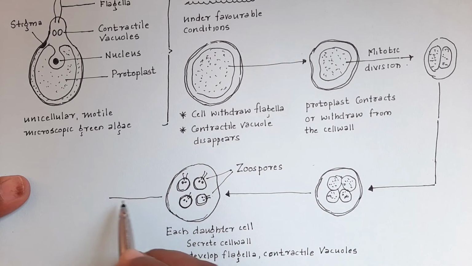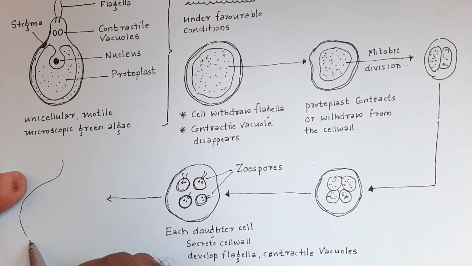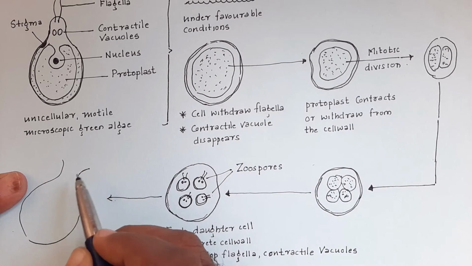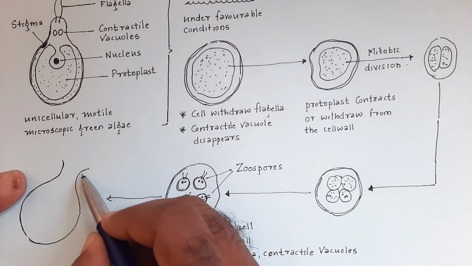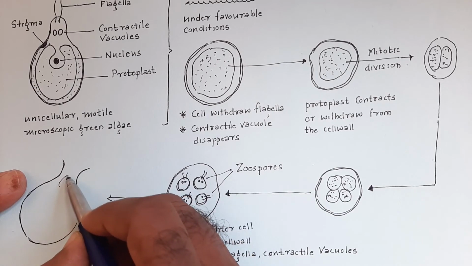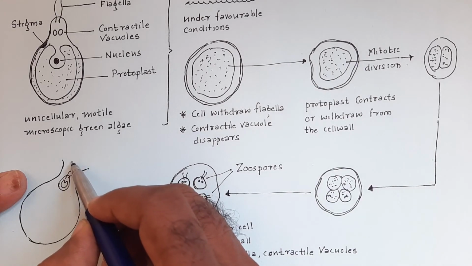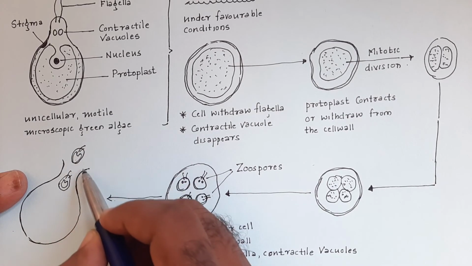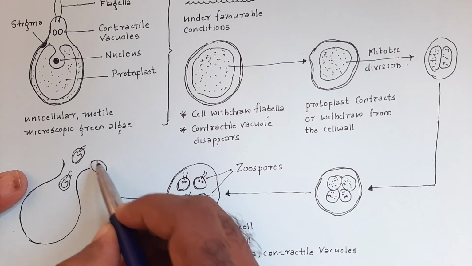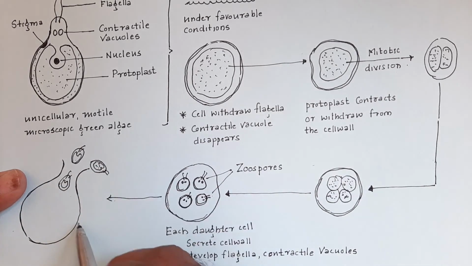These zoospores burst out, or are liberated, from the parent cell by rupturing the wall of the parent cell, the zoosporangium.